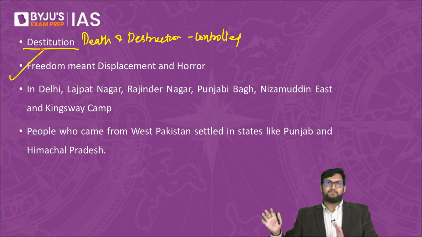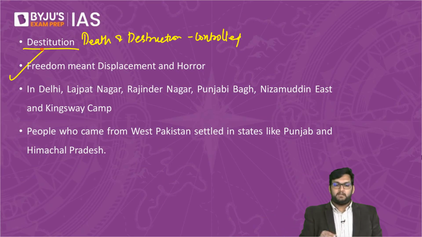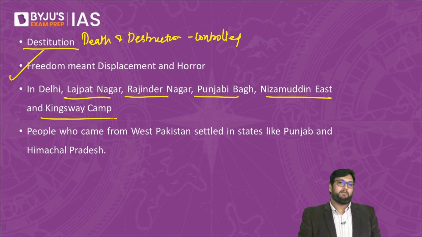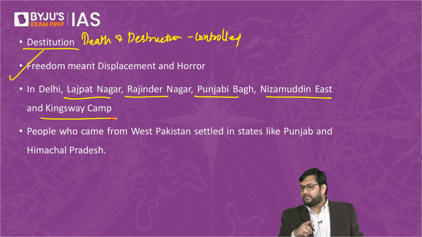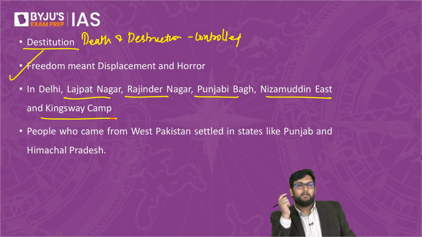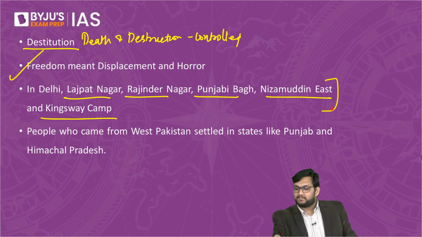Once the refugee camps were made, then in Delhi: Lajpat Nagar, Rajendra Nagar, Punjabi Bagh, Nizamuddin, Kingsway Camp. All these areas which you see in Delhi, and you may be living in one of them, were actually created as refugee colonies.